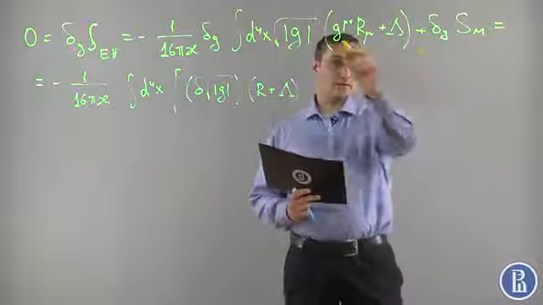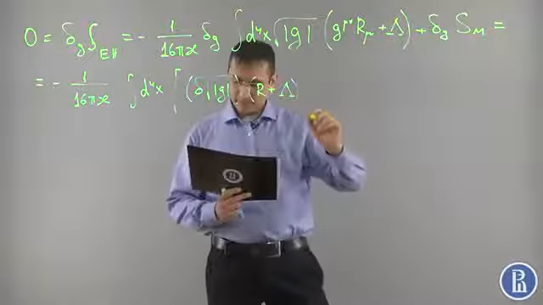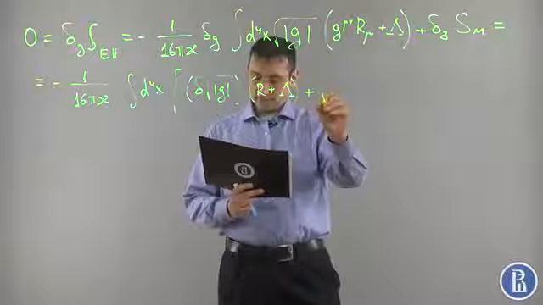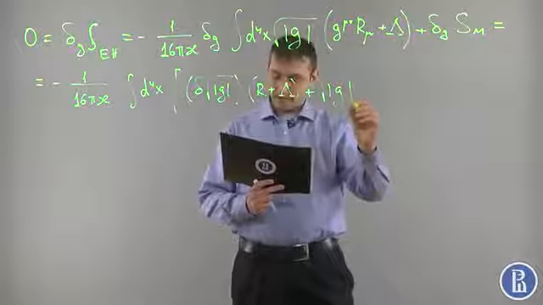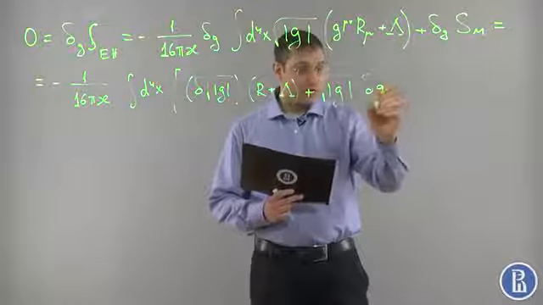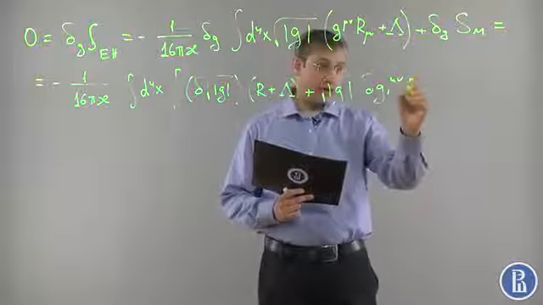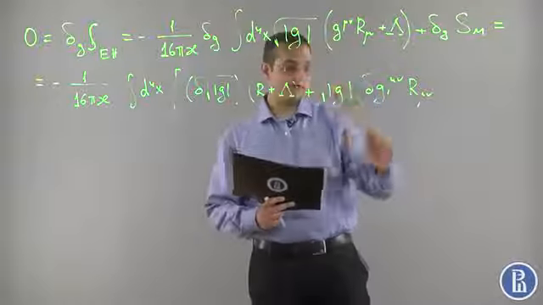And the variation, you'll see, is: square root of G multiplied by delta g mu nu times R mu nu. So this is the variation of this.